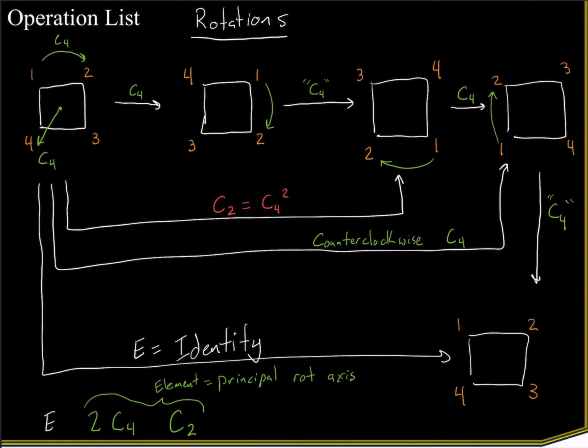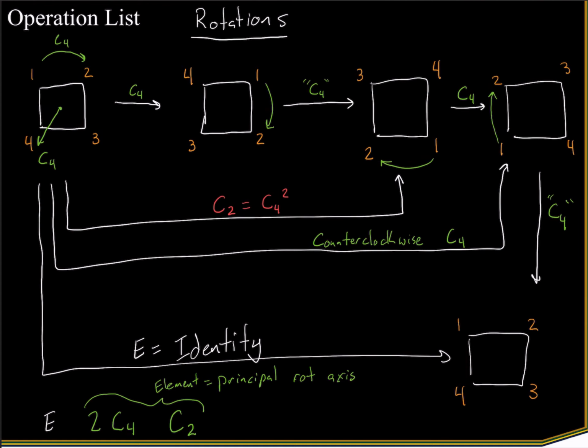So one of the problems that we worked last week in class asked you to think about what is the difference between a C2 and a C2 prime, the difference being that the primes generally denote that it is different from our principal rotation axis. And so we had these two different C4s and the C2 that both occurred along the same symmetry element, this axis that's sticking straight out of our drawing surface.